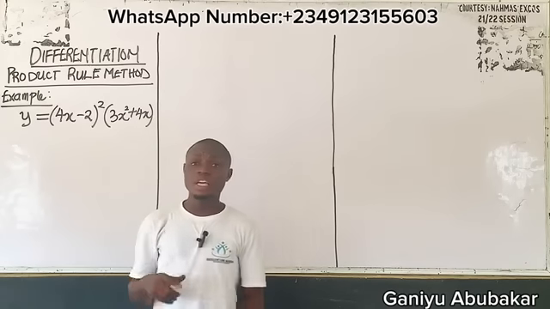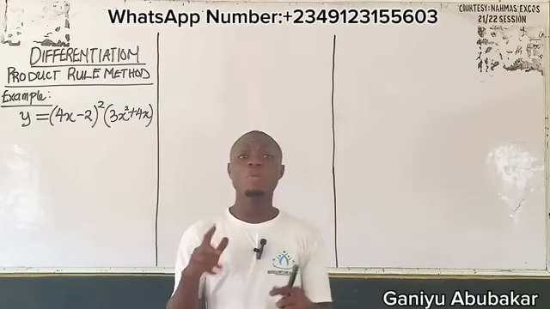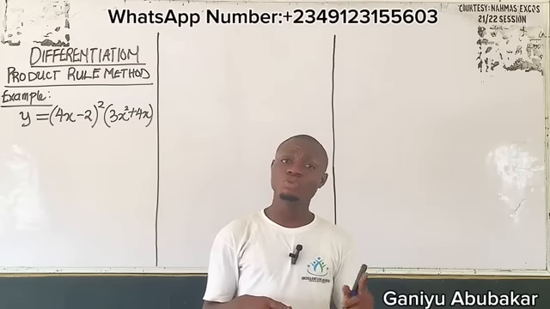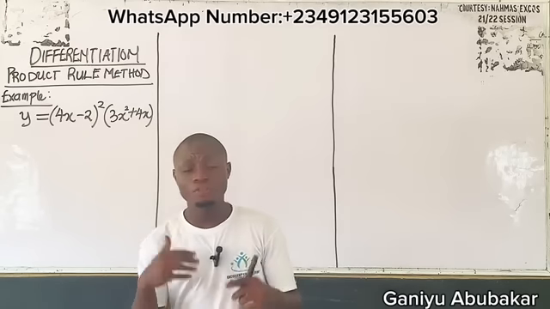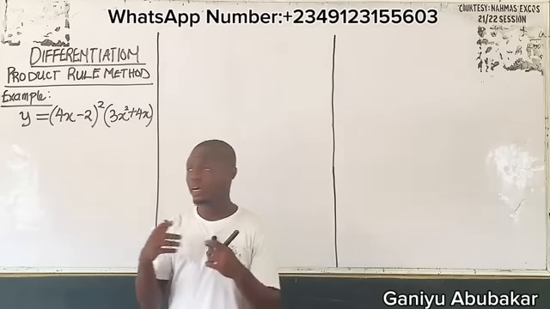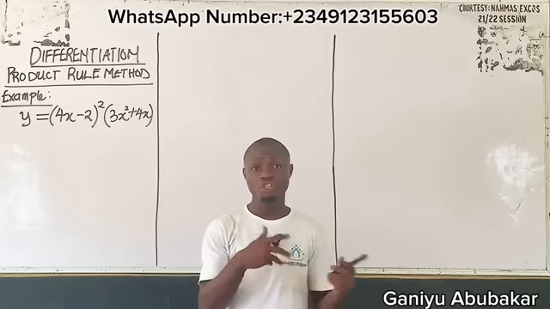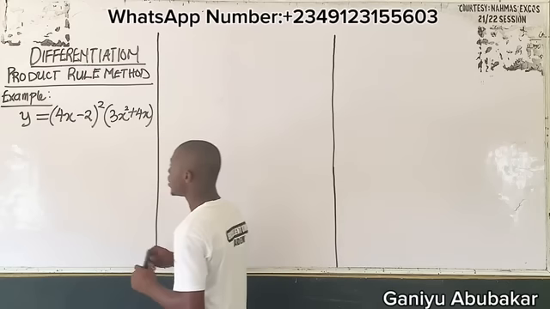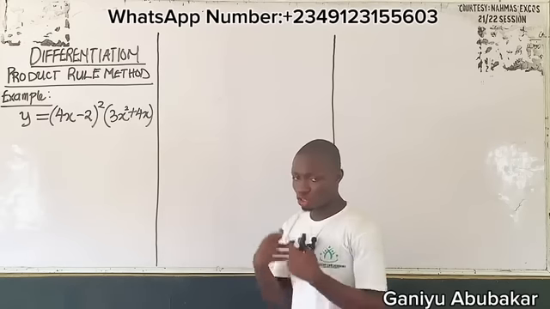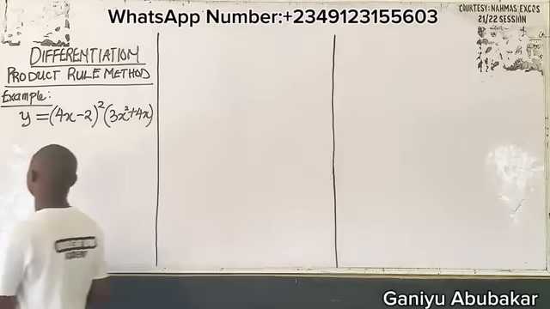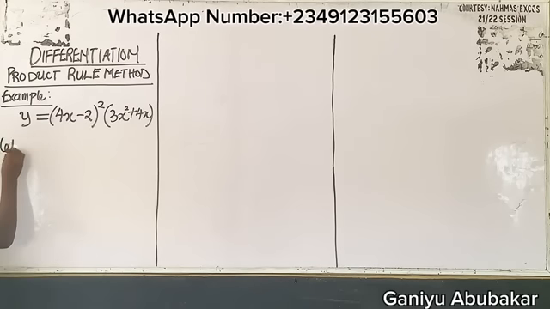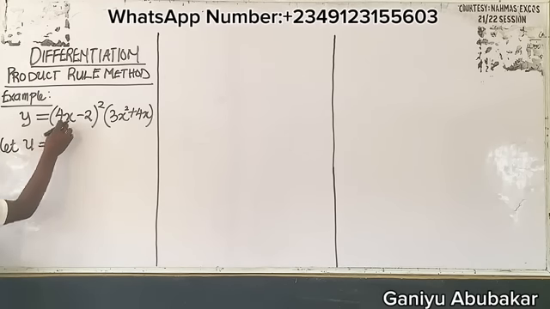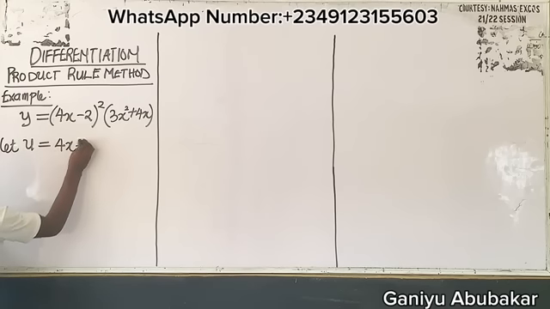So if this is a chain rule, I'm going to combine the idea of chain rule and product rule here. I've done a video that explains the concept behind chain rule. All right, let's see how we can evaluate this particular problem. My very first task, as usual for product rule, is that you let u be equal to the first term here, that's (4x minus 2) all squared.